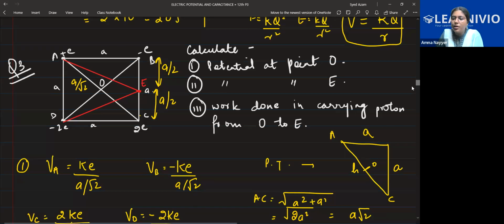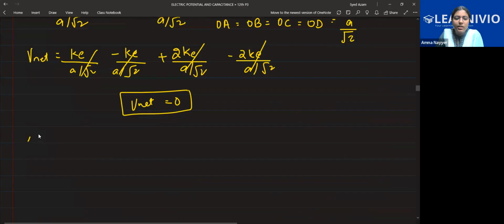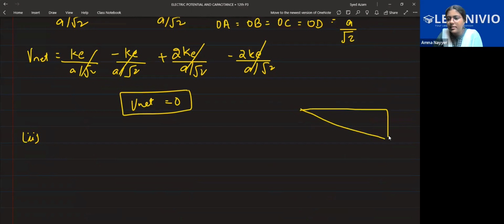So for the second part, look here. This is your A, this is your B, this is your E. This is A by 2. This is A, and you need this. Once you have this, you will calculate D. That is the same, D is the same. So your AE will be under root of A square plus A square by 4.